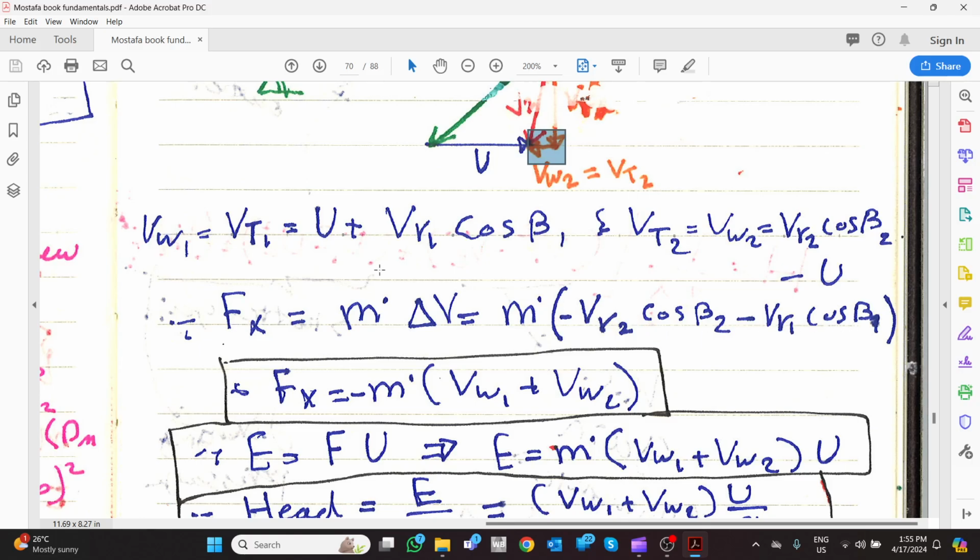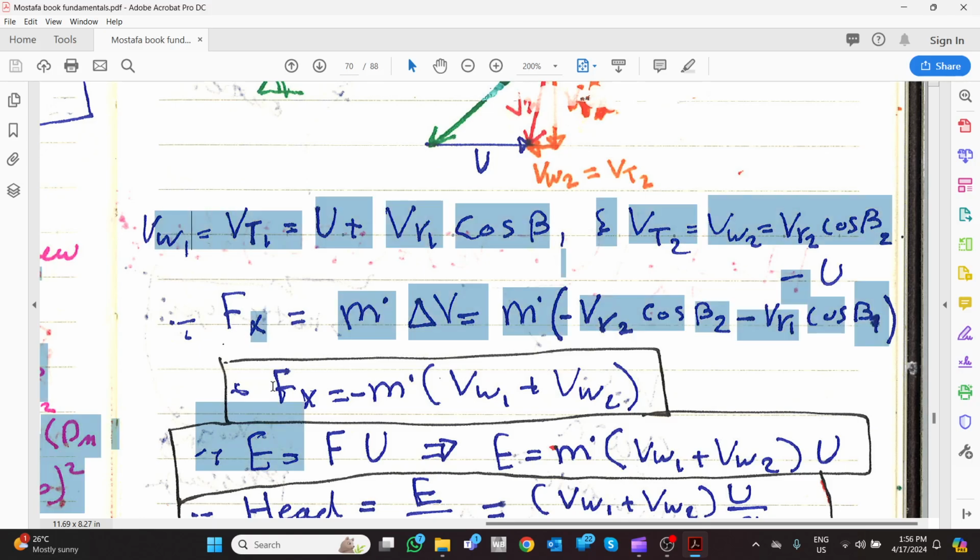Okay, we know from this definition that this one is equal to this one plus this one, and the same concept. If you start to put the numbers, you will find that Fx equals mass flow rate multiplied by the whirling velocity 1 plus the whirling velocity 2. Okay, this is how we are deriving all of this.